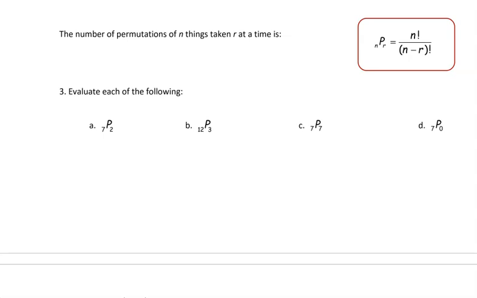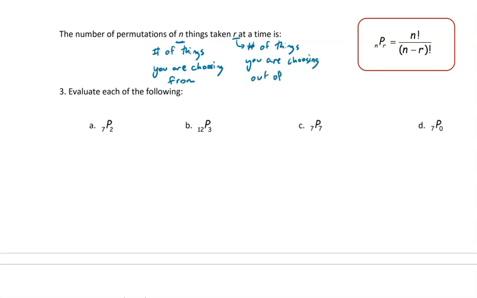Right, now keep in mind, just a way to keep this clear in your mind, n is always the number of things you are choosing from, and r is the actual number of things you are choosing out of n.